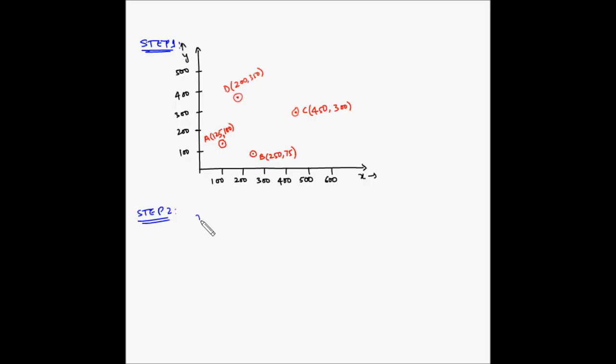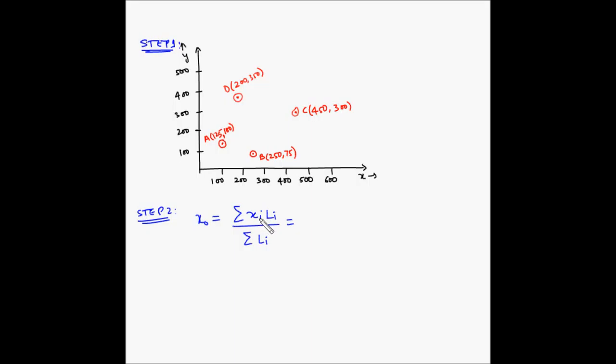Now the formula is X0 is equal to the sum of the multiplication of the x coordinates of the existing facilities and the load being transported between the existing facility and the new facility, divided by the sum of all the load which is being transported. So let's find this out.